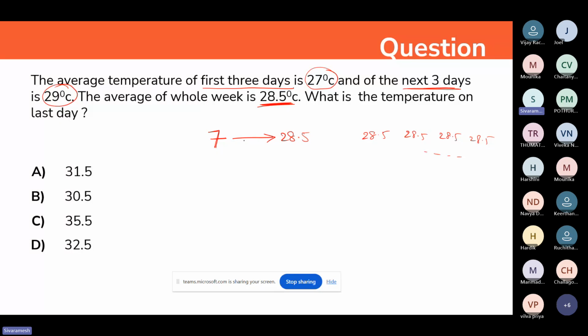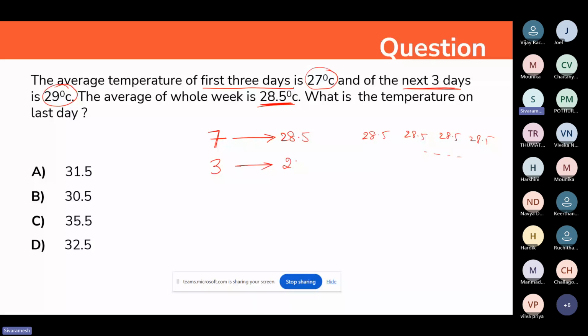So I'm imagining that the average of these 7 days is 28.5, meaning each day of the week shows 28.5, then obviously the average becomes 28.5. Now the condition is that the first 3 days' average is only 27.